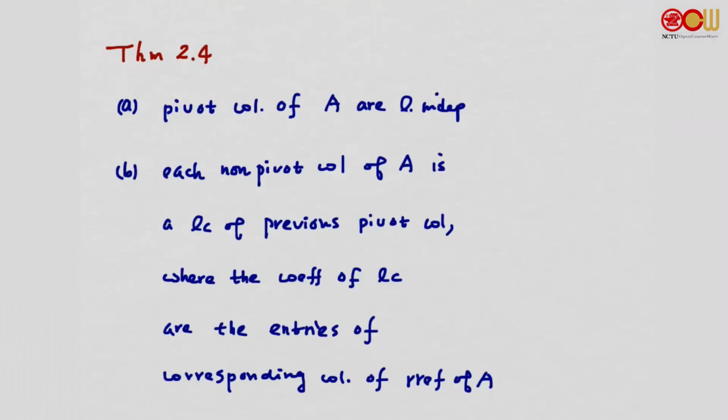Summarizing what we have just talked about, we have Theorem 2.4. First of all, pivot columns of A are always linearly independent. Secondly, each non-pivot column of A is a linear combination of previous pivot columns, where the coefficients of the linear combination are the entries of the corresponding column of the reduced row echelon form of A.